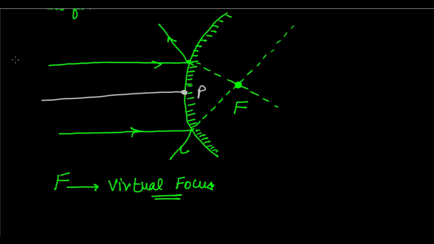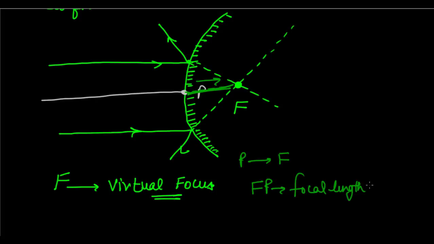Now suppose I want to take out the distance between the pole and the focus. Again, this distance is going towards the right, right? P to F is a positive distance because it is going towards the right. So since it is going towards the right, we say that FP, which is the focal length of the convex mirror, is always greater than 0.